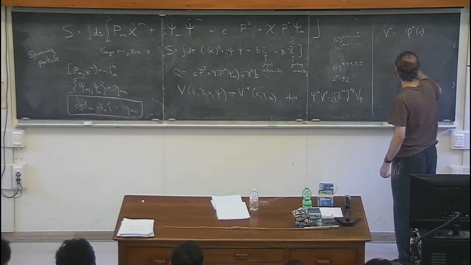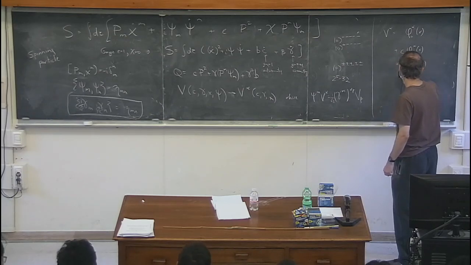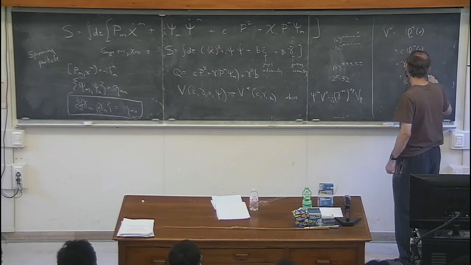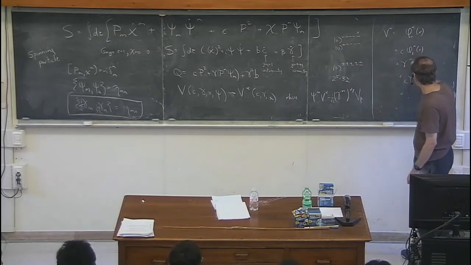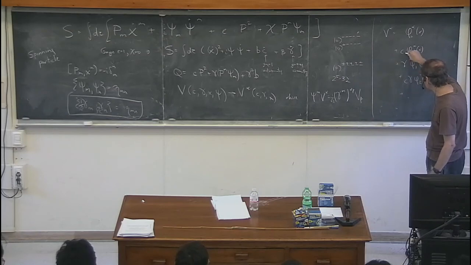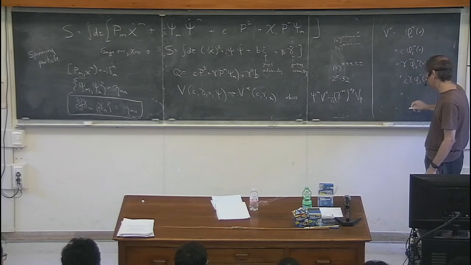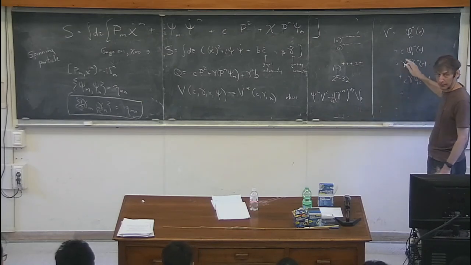So let's call it phi 0. And then you have terms like c phi 1. And then you can also have gamma. And then you can have c gamma. So I'm just writing all the terms. You can have, of course, either 0 or 1 c, but you can have an infinite number of gammas. So this goes on forever, because you can have gamma squared, gamma cubed, gamma fourth, etc.